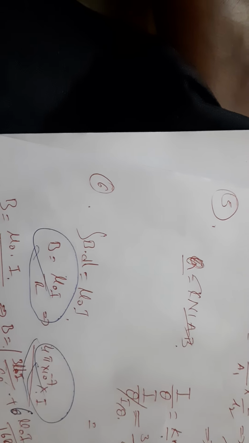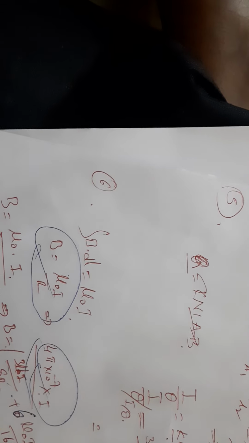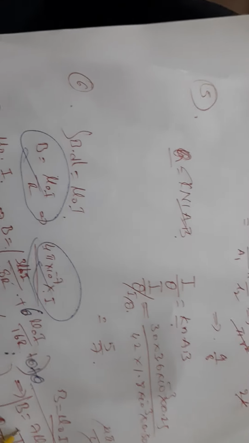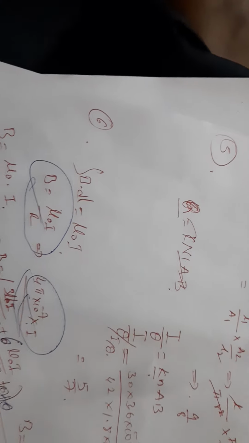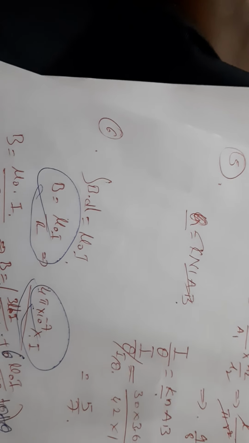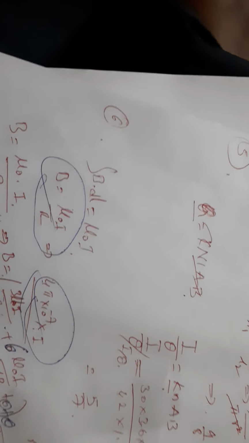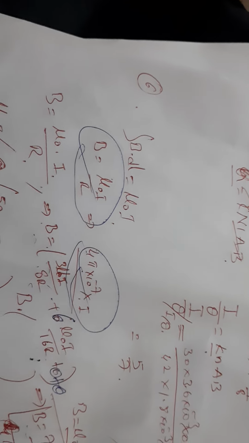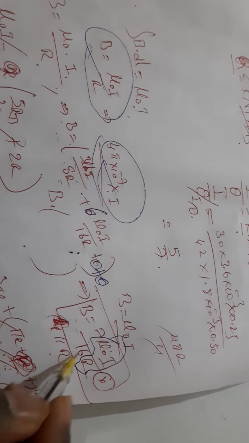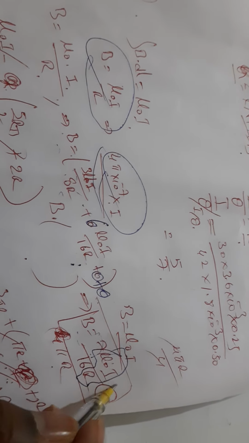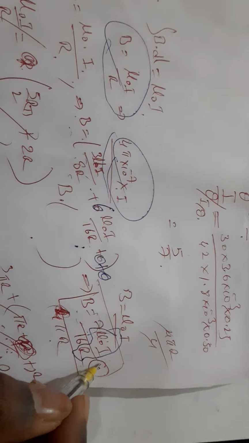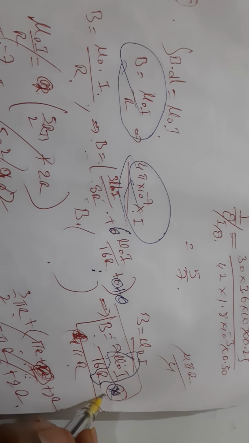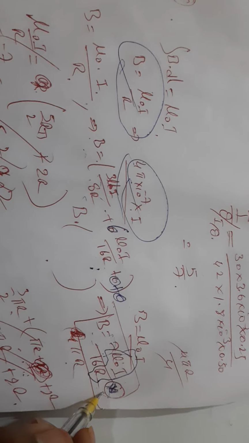So these two, if I take the LCM and find the resultant magnetic field at that point, I have B equal to 7 mu naught I by 16 R. Means 7 by 16 times of mu naught I by R I got, and that too the direction into the paper.